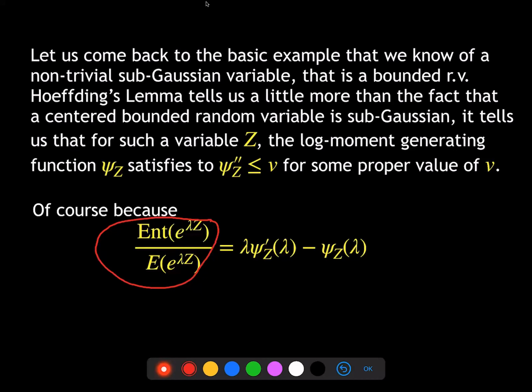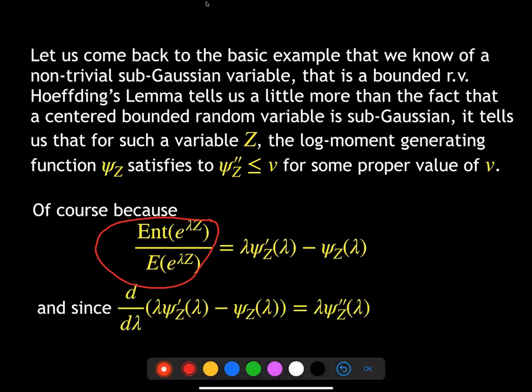Okay, but now if I derive this quantity with respect to lambda, I discover that it is nothing else than lambda times psi second. The psi prime disappear. Okay, they destroy themselves when you look at the derivative. And you just have lambda times psi second.